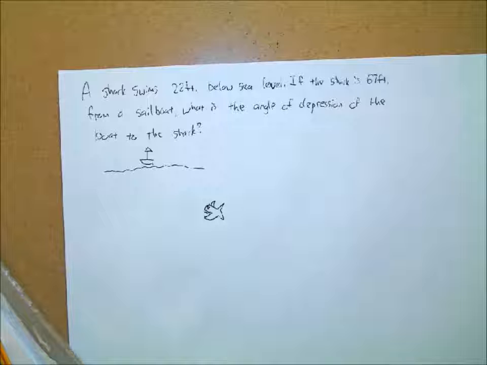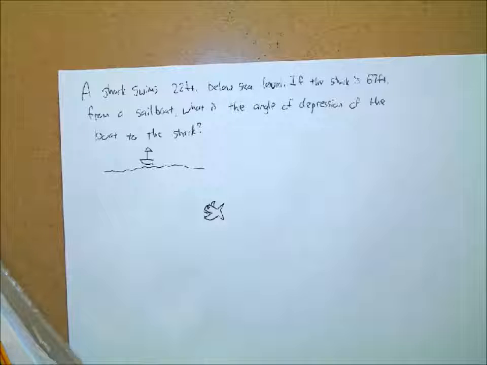Yeah, that was good. Now, where's the angle that you're trying to solve? Yes, but it's the wrong angle here. Because remember, an angle of depression, angle of elevation is always from the horizontal.